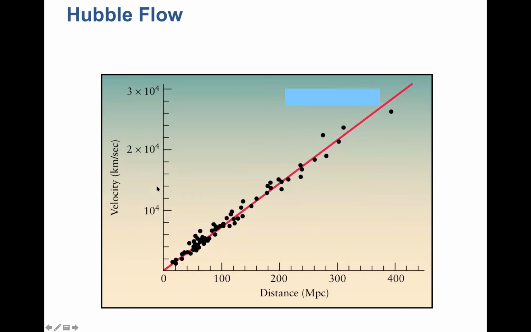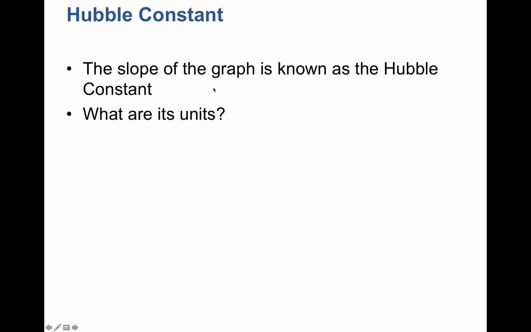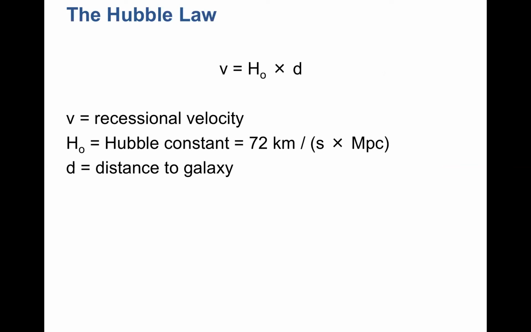So that's weird. The whole slope on the graph is known as the Hubble constant. The units are kilometers per second per megaparsec. And that leads us to this equation, which I basically already wrote down. V is the recessional velocity or radial velocity. In this case, they're all moving away from us. H naught is the Hubble constant, and D is the distance of the galaxy.